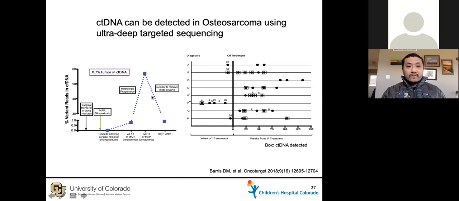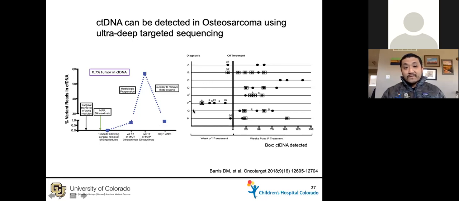And then also after resection of the mets, there is a drop, but still present circulating tumor DNA in this patient.